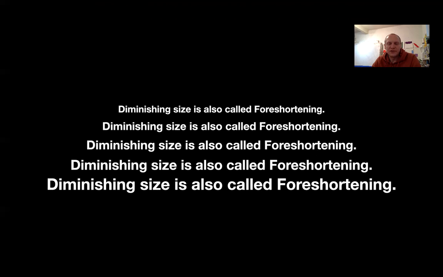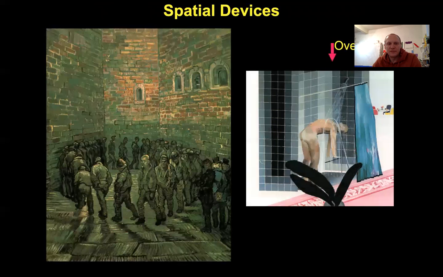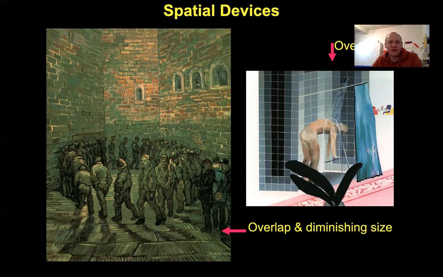See? Diminishing size, also called foreshortening. Things close to us are larger, things far from us are smaller. We've got overlap happening there. We've got overlap and diminishing size happening here.